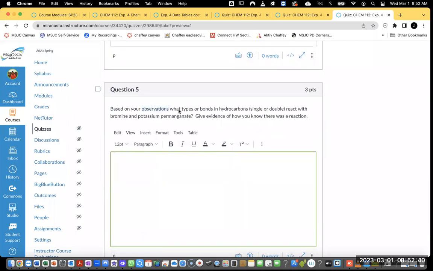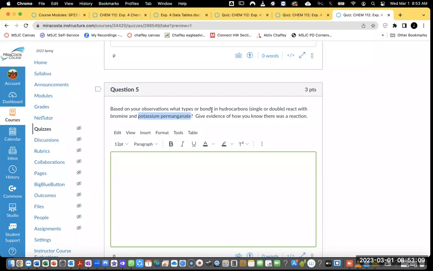Then we got: based on the observations, what type of bonds do you think there are in hydrocarbons when they react with bromine and potassium permanganate? From the data that you will be provided, from the experiment videos, tell me which molecules, whether alkanes, like single bonded, or alkenes, which are double bonded, react with bromine and which ones did not, and which ones reacted with potassium permanganate, which ones did not.